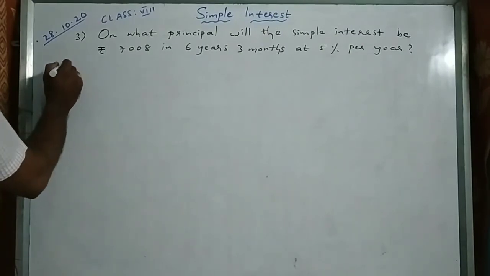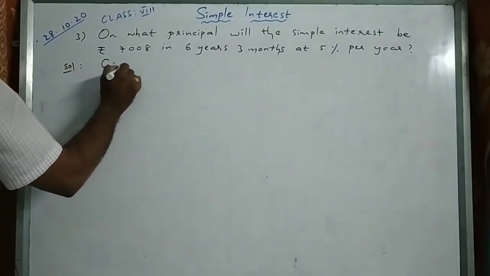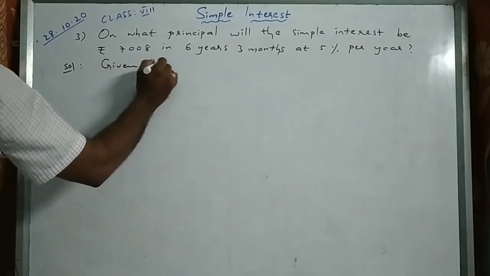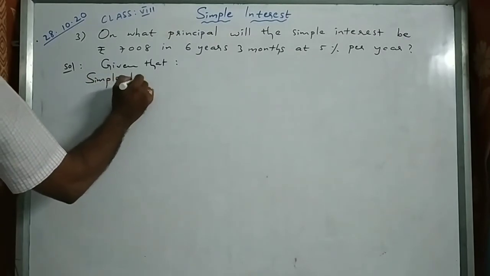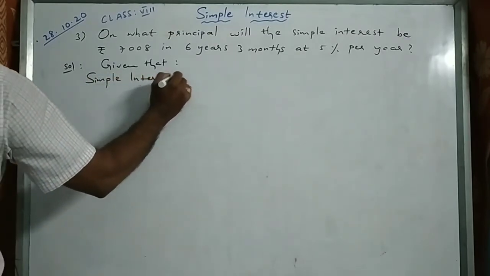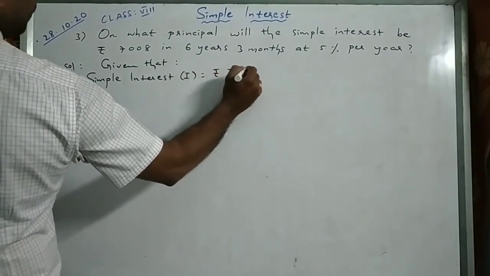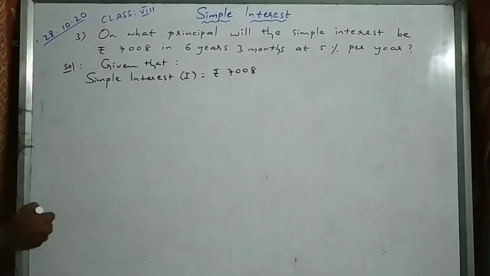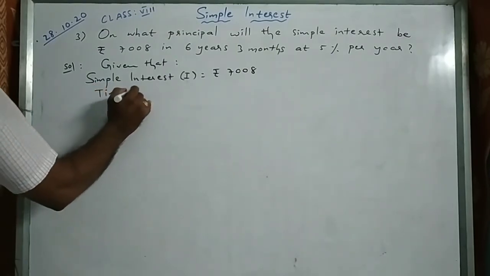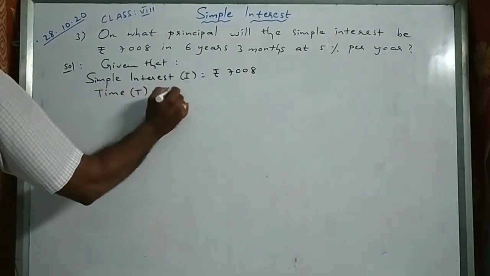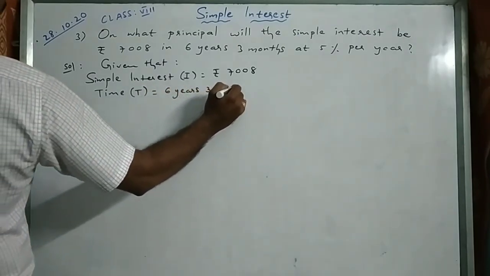Simple interest is given again. Given that simple interest I is equal to rupees 7008, okay. Time, 6 years 3 months.